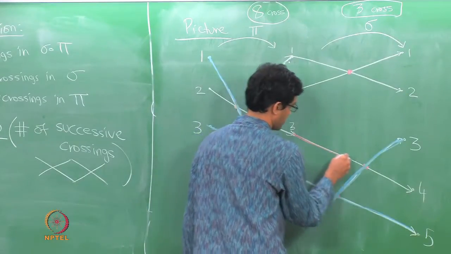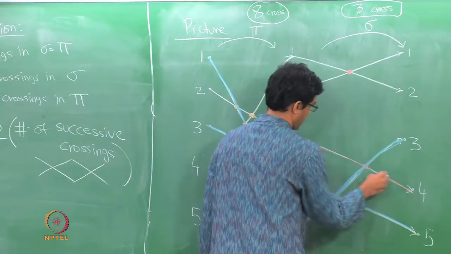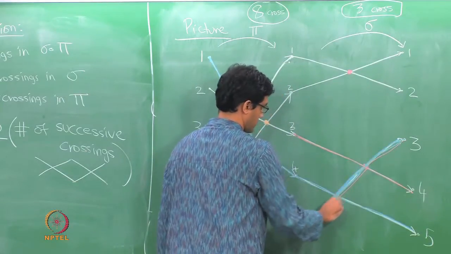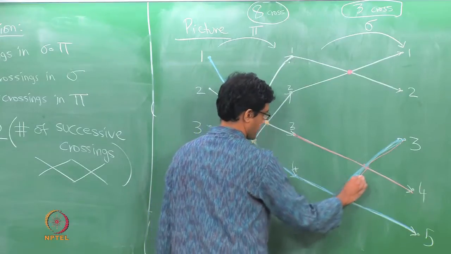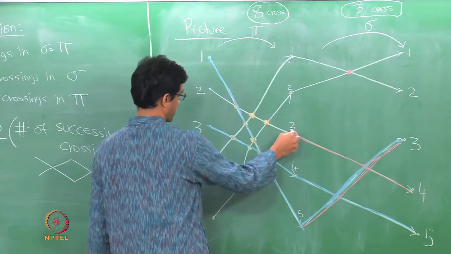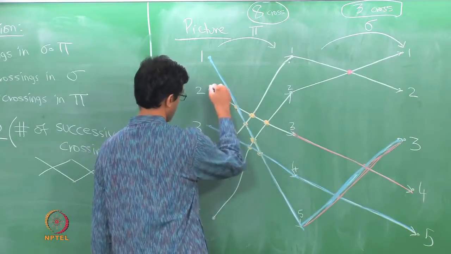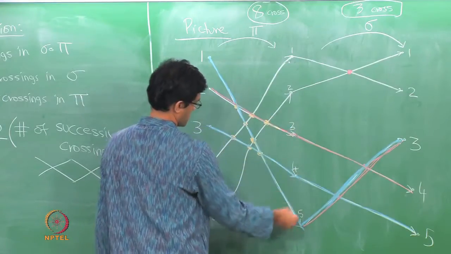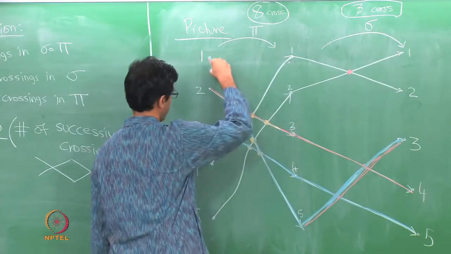The diagram is going to be something of a mess, but here we have 3 4 and 5 3, that is another crossing, and what precedes that is 2 3 and the same thing 1 5.